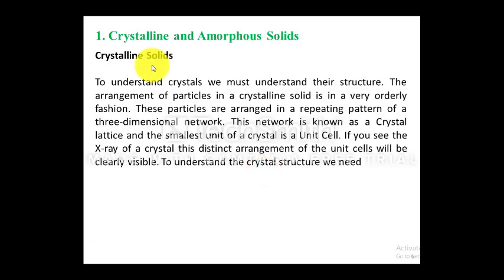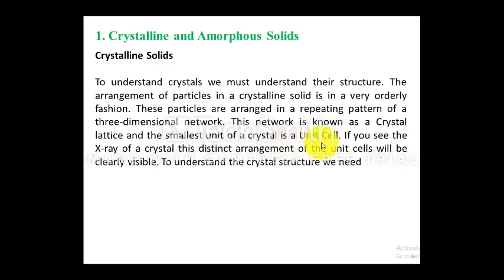To understand crystals or crystalline solids, we must understand their structures. The particles in crystalline solids are arranged in a very orderly fashion. These particles are arranged in a repeating pattern of a three-dimensional network, and this network is known as a crystal lattice, and the smallest unit of the crystal lattice is called the unit cell.